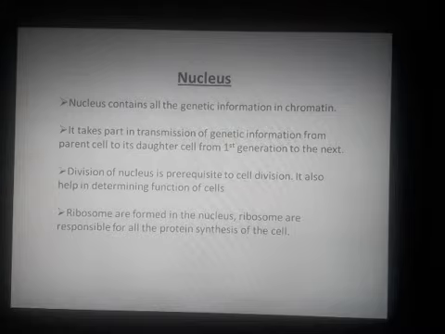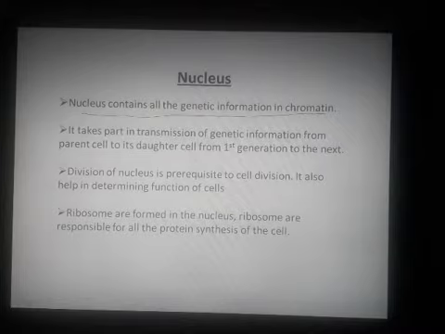As you know, for growth cell division is important, and for cell division the nucleus is also very important, because that determines the proper functioning of cells. So mainly the nucleus contains all the genetic information. What chromatin is, we are going to see next.